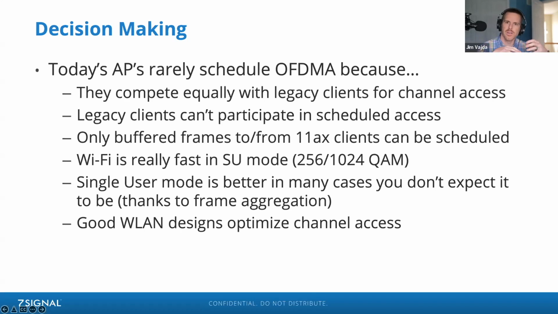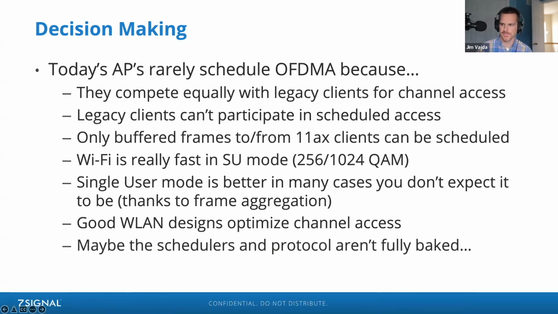If you think about removing and limiting co-channel interference, well, that means there's fewer clients and APs on the channel, and the likelihood that when they need channel access they'll get it is higher, which means the buffers are emptier, and there's less need for scheduled OFDMA. You actually need some congestion for OFDMA to make sense, and that's not as often a property of well-designed networks.